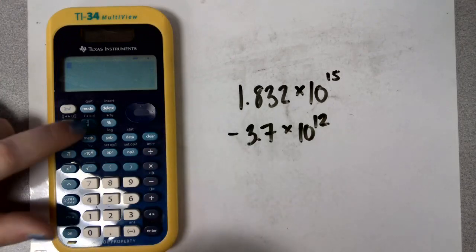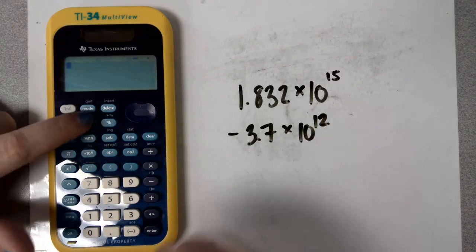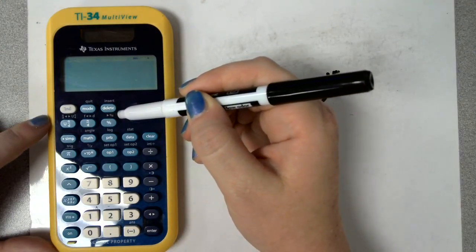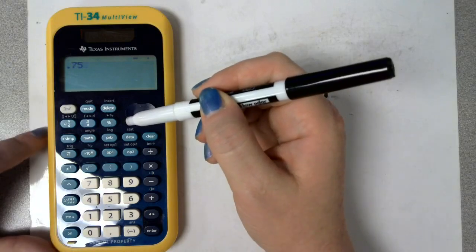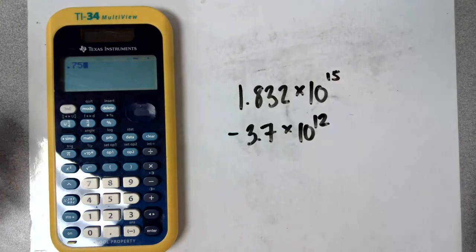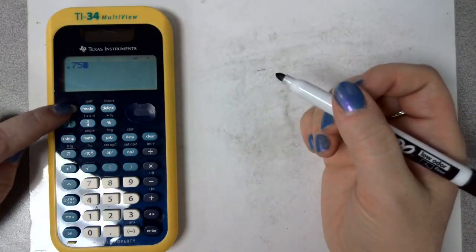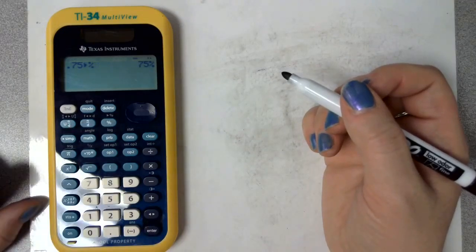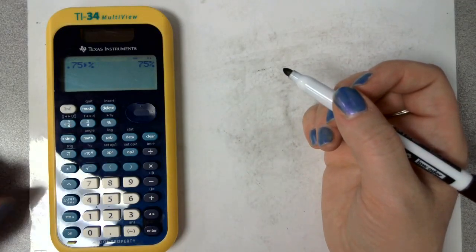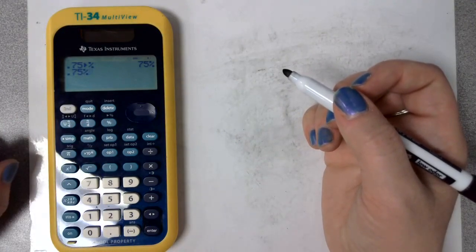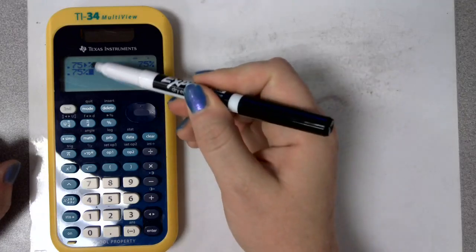Some other things that we might use: this percent button. Right above it, it says arrow percent. That means convert it to a percent. So maybe I have this decimal 0.75, and my teacher wants me to change that into a percent. I can go second, percent, enter, and that changes it into a percent. Be very careful: if I don't do second, and I just type 0.75 and the percent button, see how those two look different?